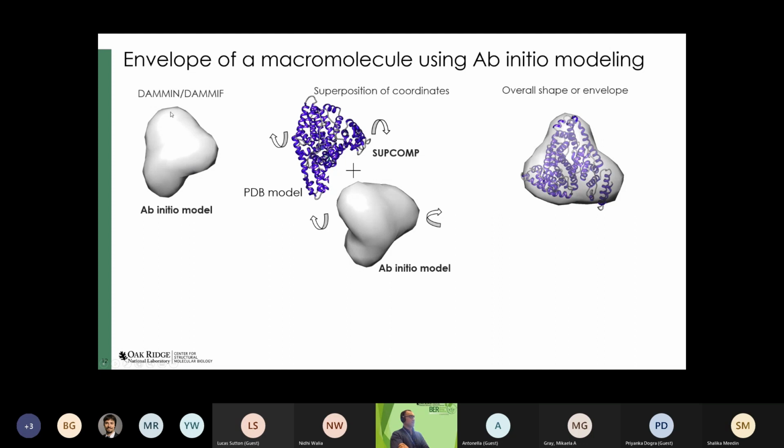So you retrieve this overall shape, and then you have to do a superposition of these coordinates, aligning a PDB model with your ab initio model.